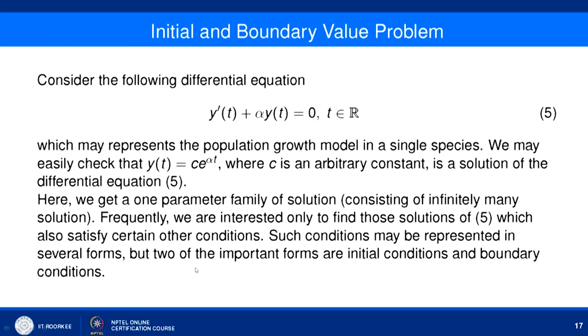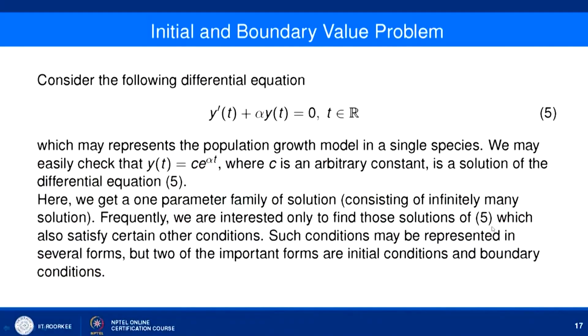And frequently we are interested only in finding one solution, because whenever we have a real world problem and we are formulating it as an ordinary differential equation, we are only interested in finding a unique solution rather than having infinitely many solutions.